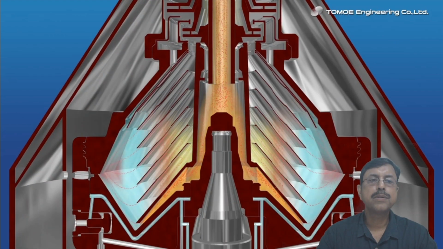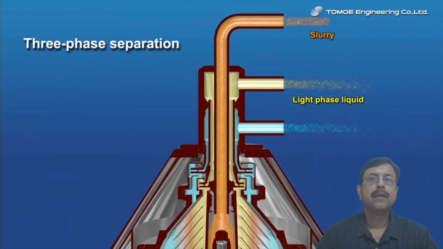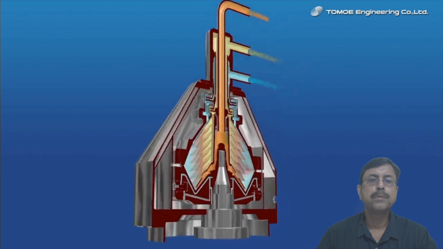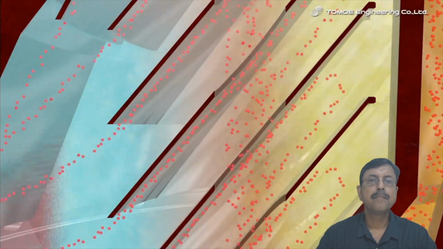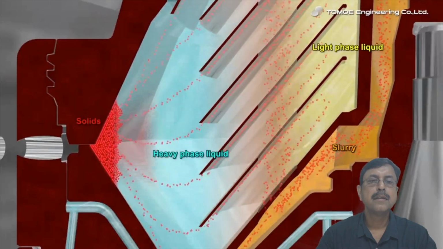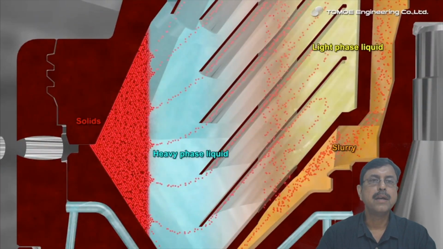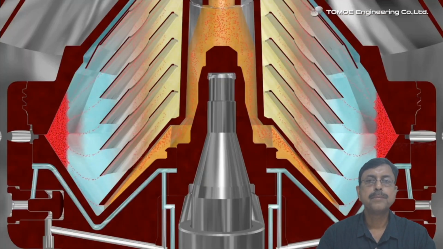They get distributed, and you can see the liquid phase, both light and heavy, they escape from the top, and how the liquid and solids are directed. So all the solids, they go and they gather at the solid outlet. The liquids, they go at the top.